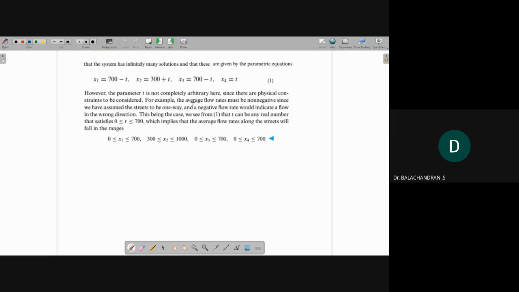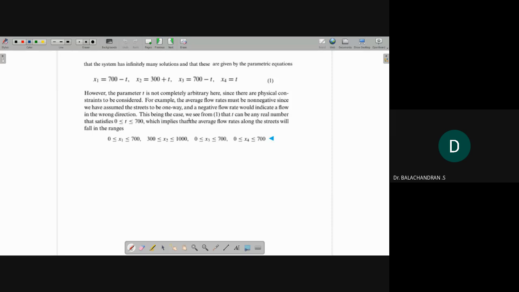For example, the average flow rate must be non-negative. Since we are assuming the streets to be one way, which is given in the problem, a negative flow rate would indicate a flow in the wrong direction.